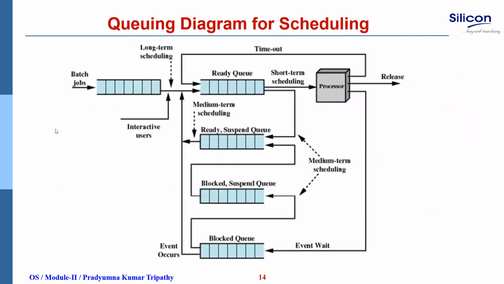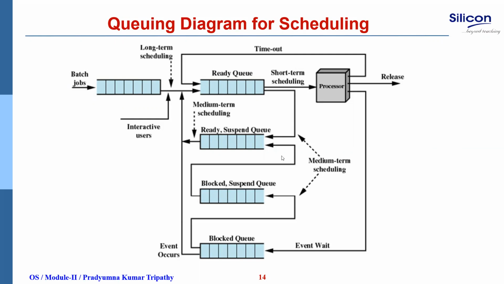This diagram is for the same. So we have a batch of jobs from which the long-term scheduler will select and put them in the ready queue. There might be a number of processes in the ready queue. The short-term scheduler will select one of them and give it to the processor. If it executes, that is fine. If not, it may go to the suspended ready queue.